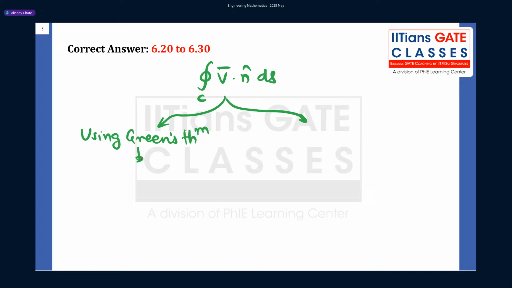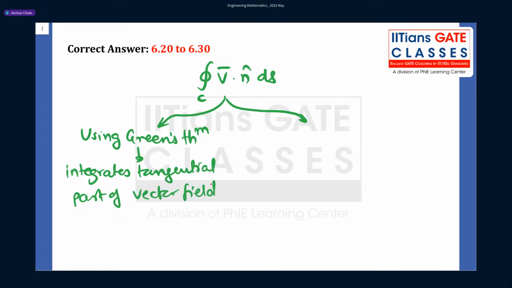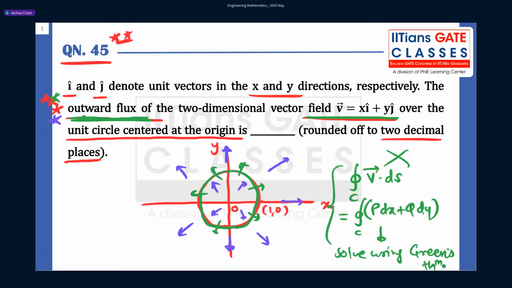Okay. So anyway, if you had used the Green's theorem, it integrates the tangential part of the vector field. So here the vector field is v bar, right? So when you do this Green's theorem calculations, you are not calculating flux.